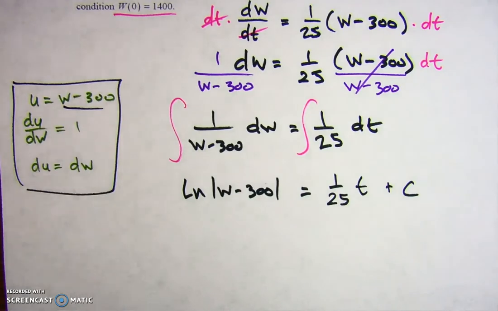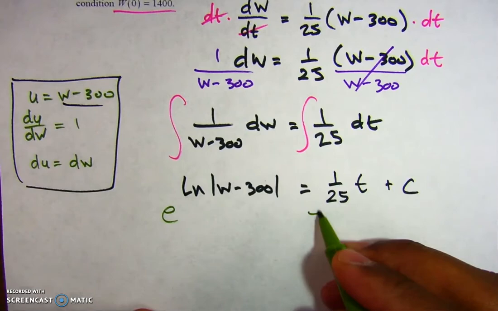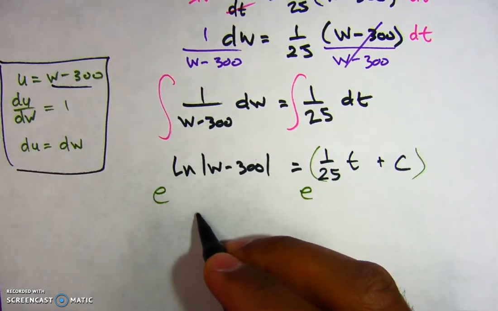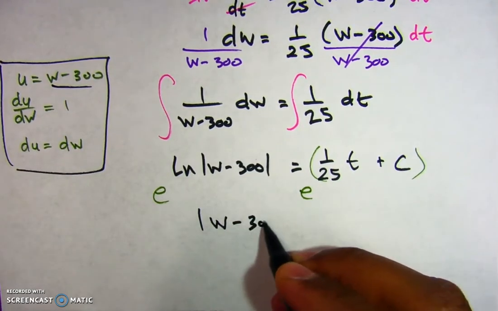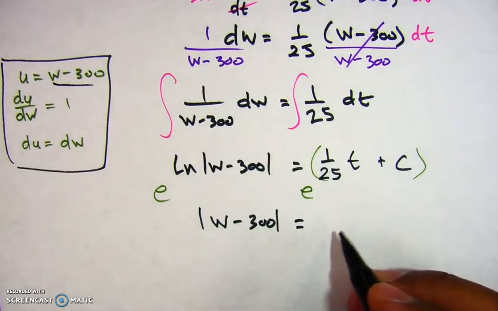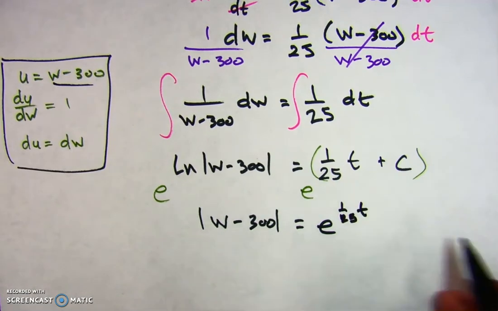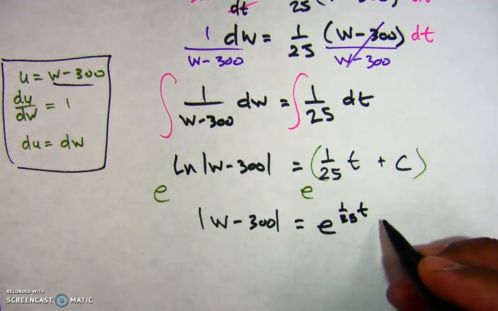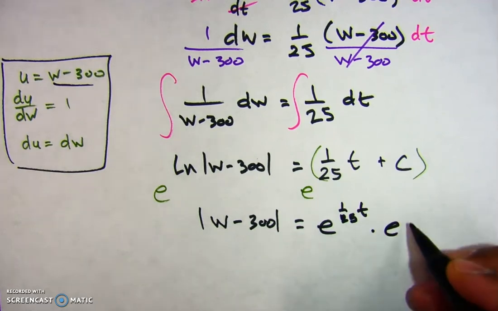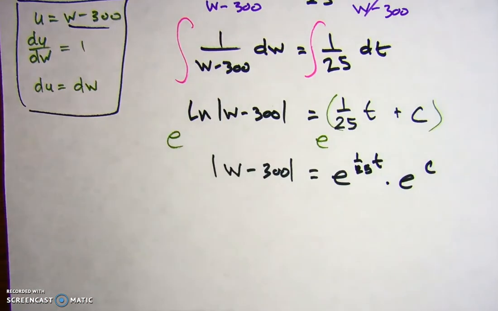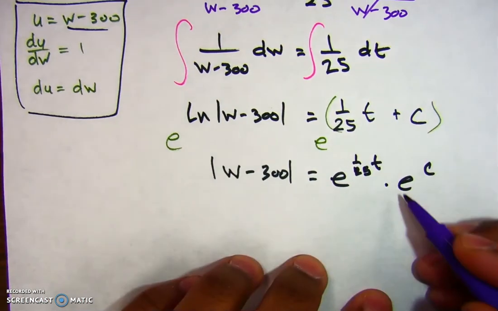Now what I'm going to do is raise both sides to the base e. So then now I have the absolute value of W minus 300 is equal to e to the 1 over 25 t plus c, or times e to the c. Remember that this is just a constant.